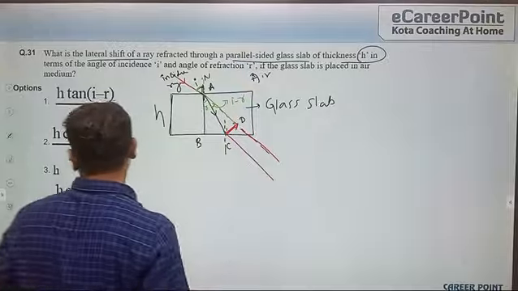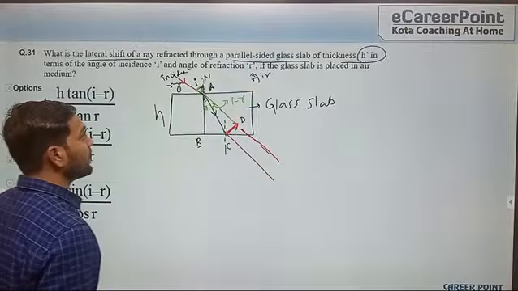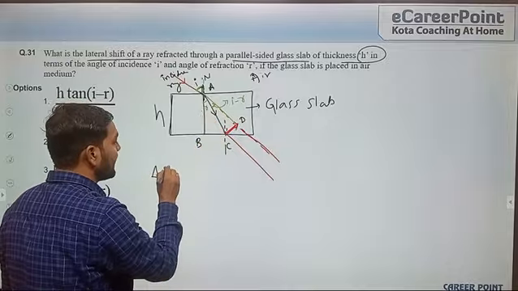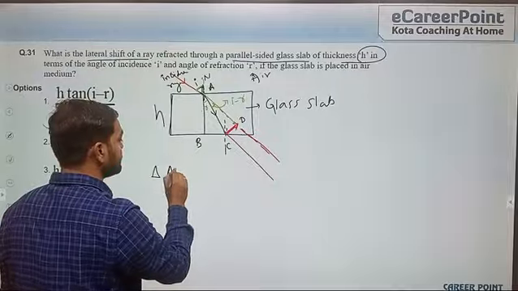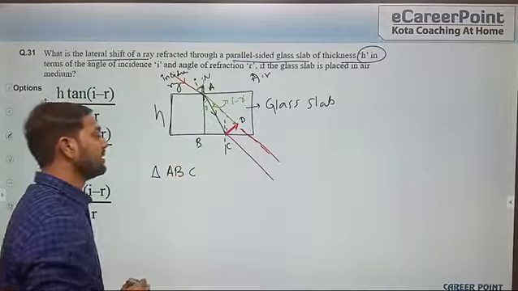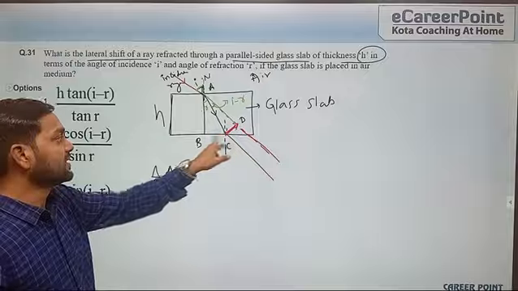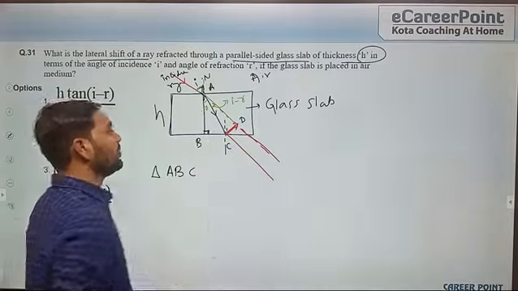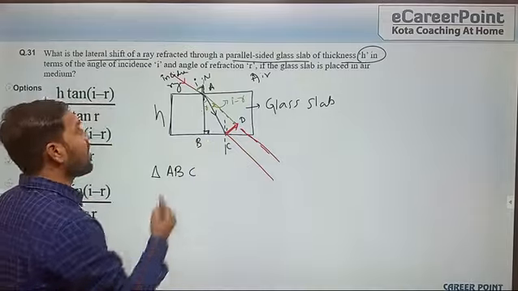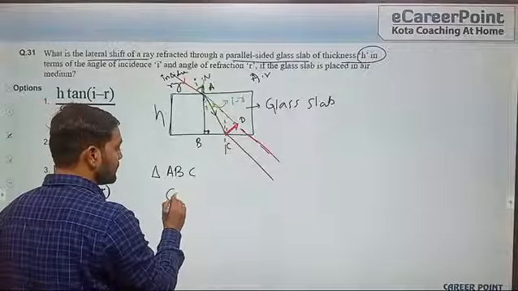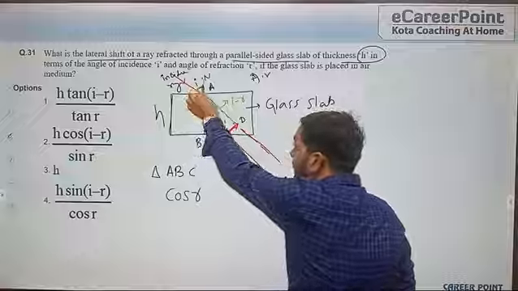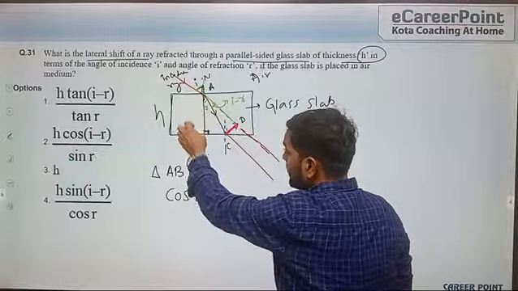Let us take triangle ABC. There we have the right angle at B. Let us take cos r. So what is cos r? Cos r is AB by AC.